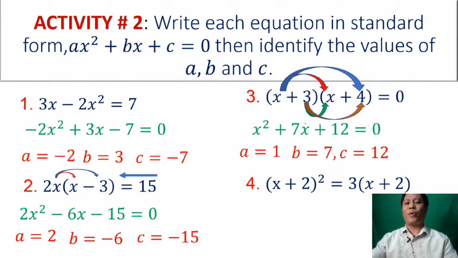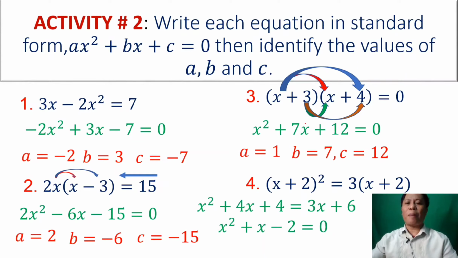How about number 4? The square of x plus 2 equals 3 times the quantity x plus 2. The square of x plus 2 means you multiply x plus 2 by itself, then you distribute 3 to the quantity x plus 2. So the result is x squared plus 4x plus 4, the product of x plus 2 times x plus 2, equals the product of 3 times x plus 2, so you have 3x plus 6.